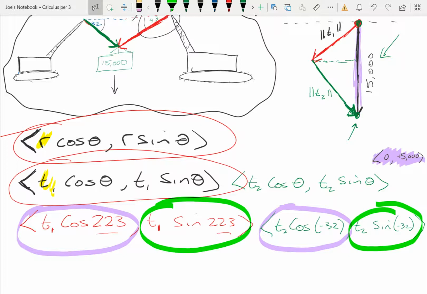These are my rows, and these are my columns. So you're going to end up putting in 2 by 3.